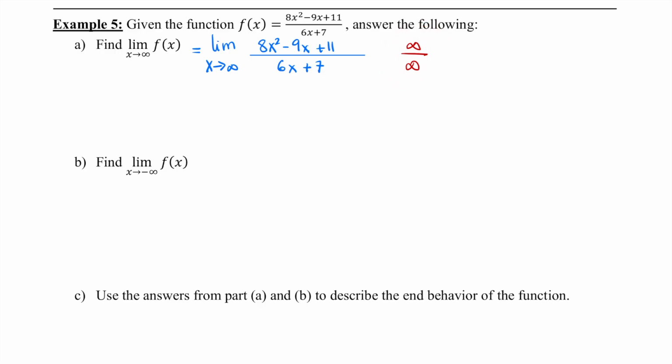Even if one part goes to negative infinity, we still treat it the same way. We divide the numerator and the denominator by the highest power in the denominator. The highest power in the denominator is x, so we divide everything by x.